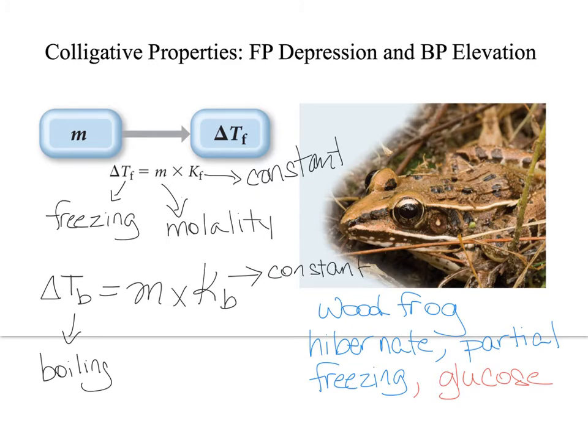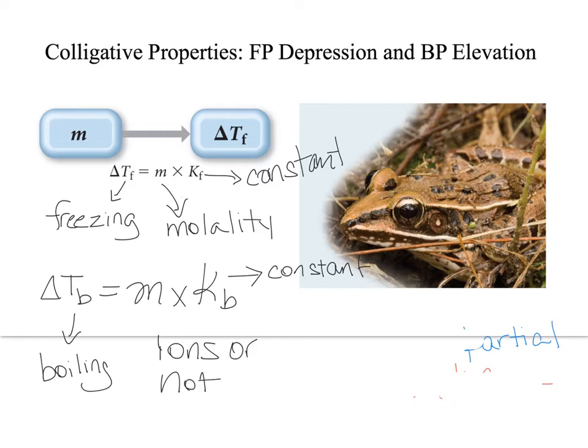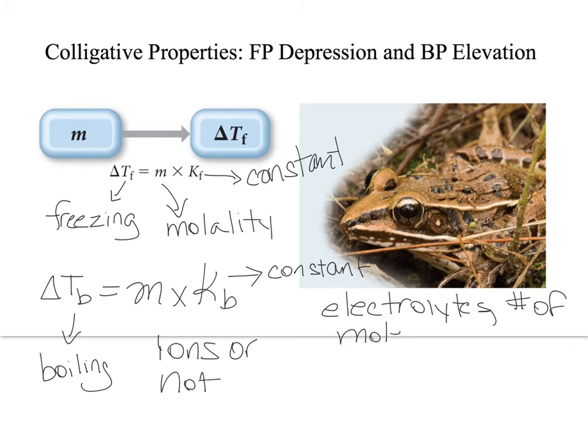There are two different things we have to consider, whether something has ions or not. If there are ions dissolved, or electrolytes dissolved in the solution, you have to consider the number of moles of ions.